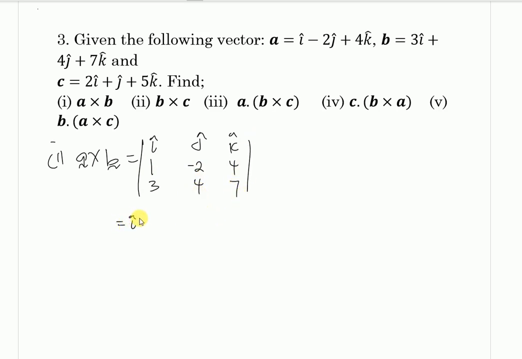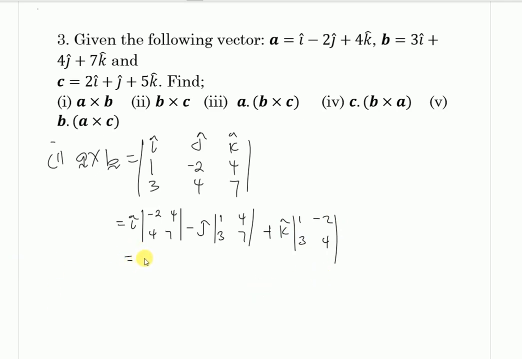And the determinant: for i I have negative 2, 4, 4, 7, minus j, and for j I have 1, 4, 3, 7, plus k, and this one is 1, negative 2, 3, 4.